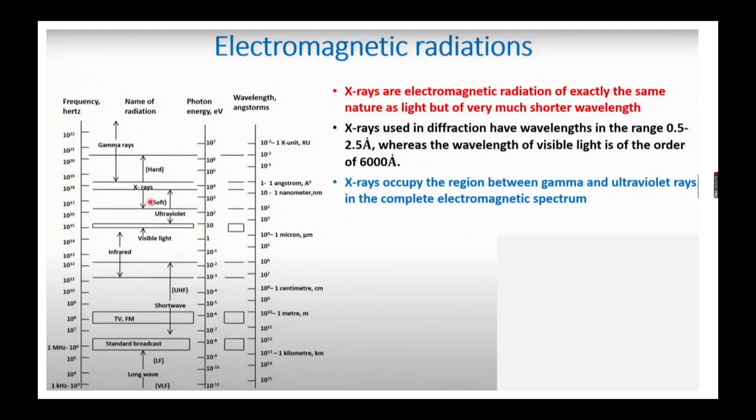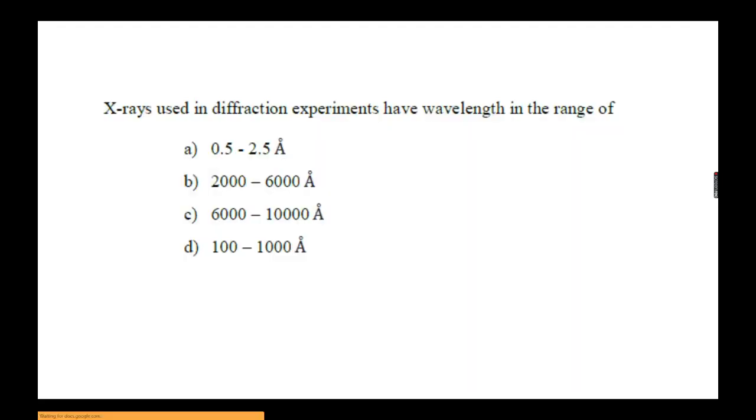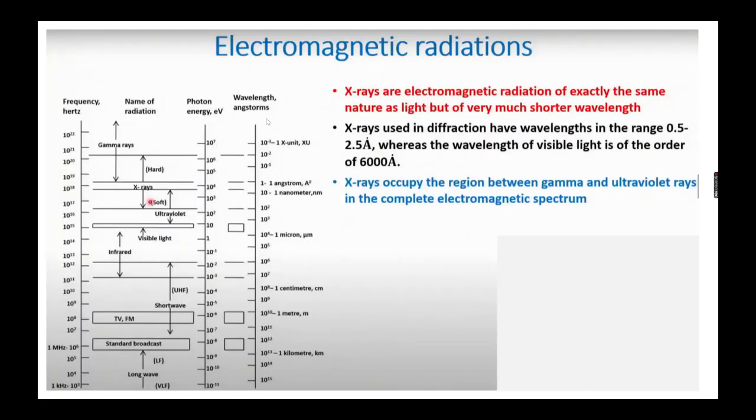Here you can see it is asking the wavelength, and this is the wavelength in angstrom. Where the X-rays lie, this is somewhere around 0.5 to 2.5 angstrom. So your X-rays have a wavelength of 0.5 to 2.5 angstrom. A.